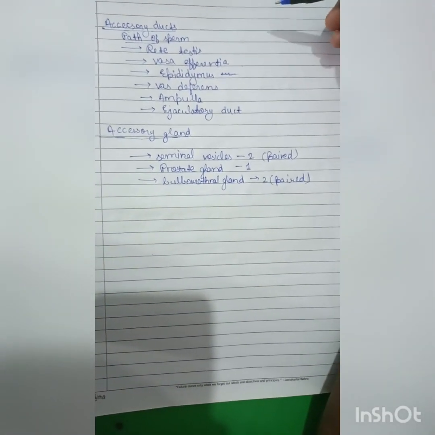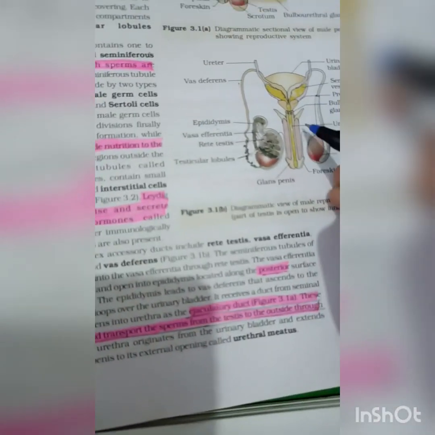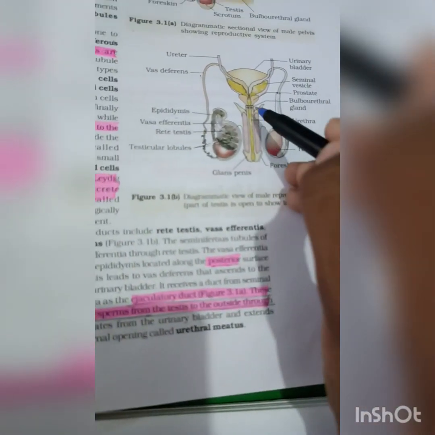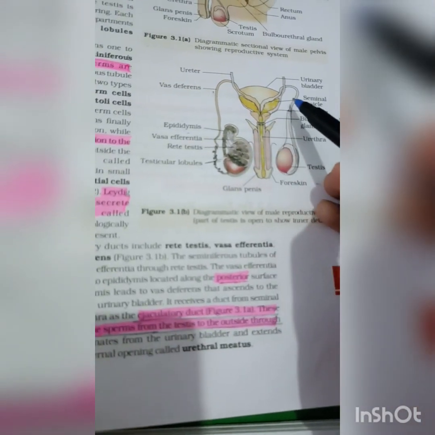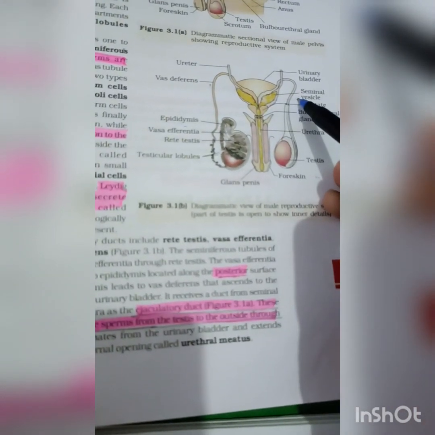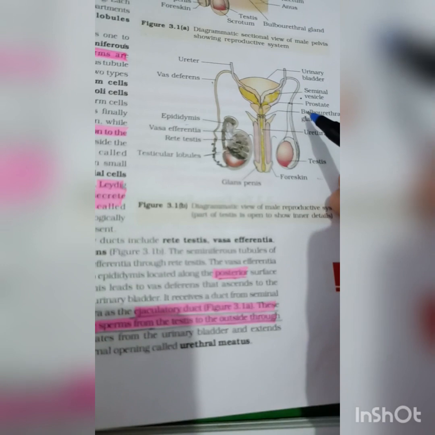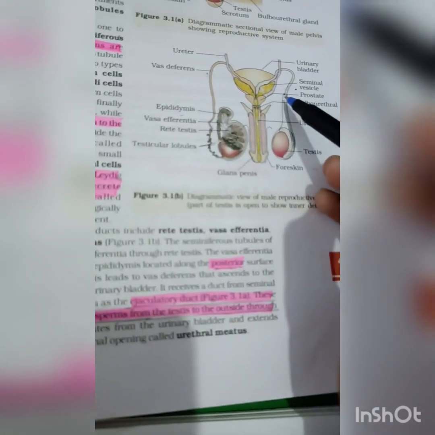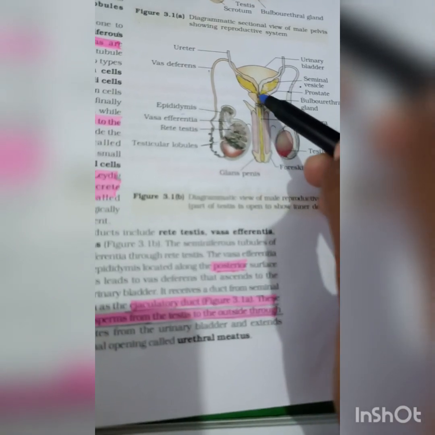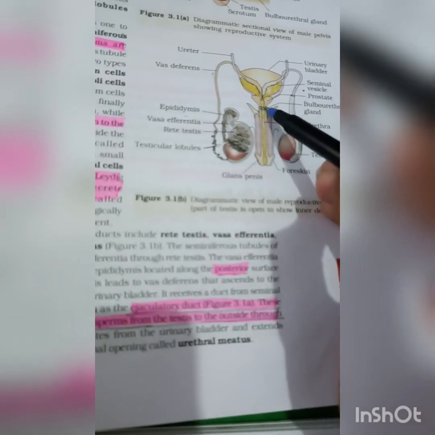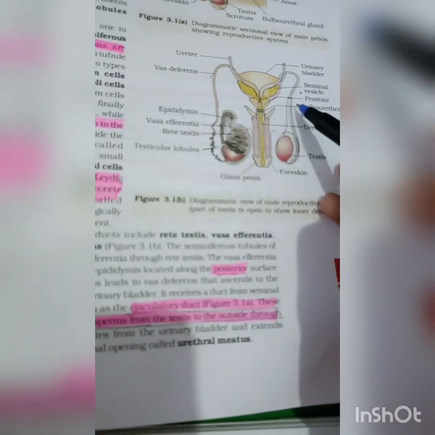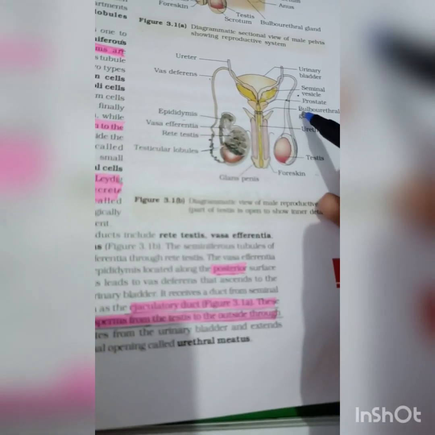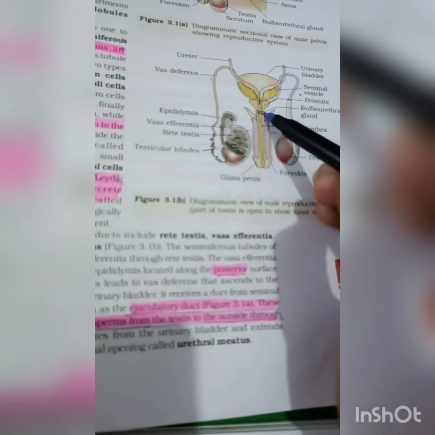Let us see the structure in the diagram of the NCERT textbook. So this is the diagram. First we have the seminal vesicles, and then we have the prostate. Seminal vesicles are two in number, paired. Then we have the prostate gland which is single, although it might look like it's two in number, but it's single, and then we have the bulbourethral gland which is paired.